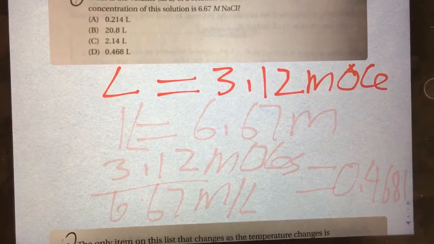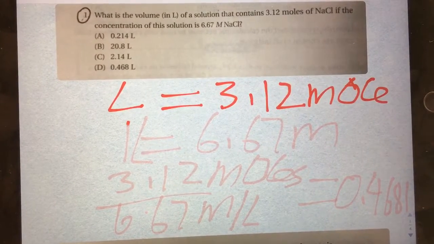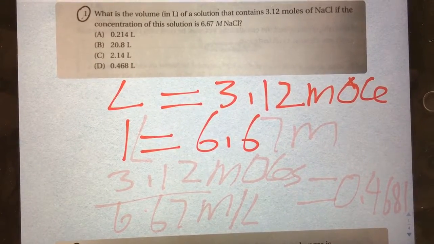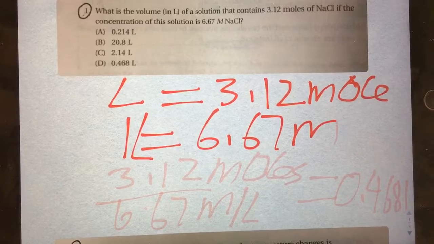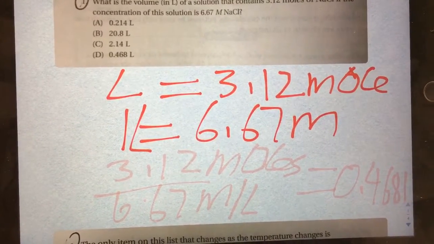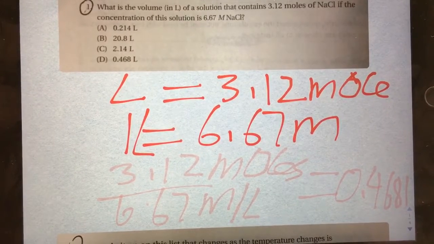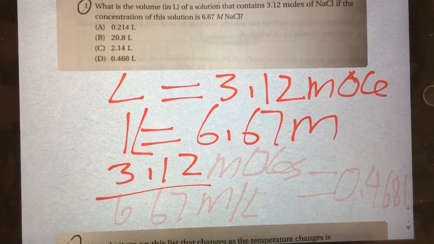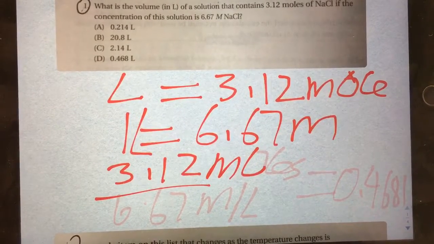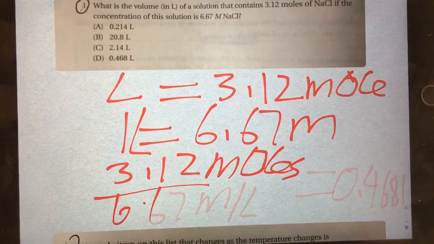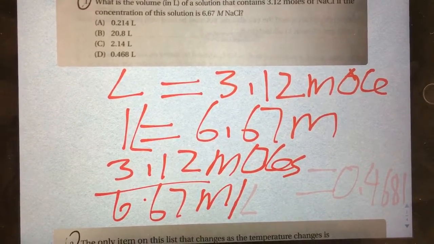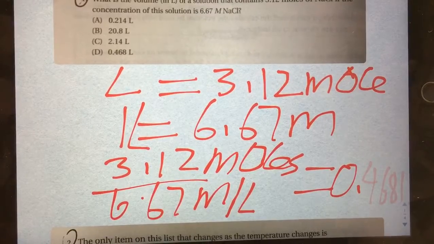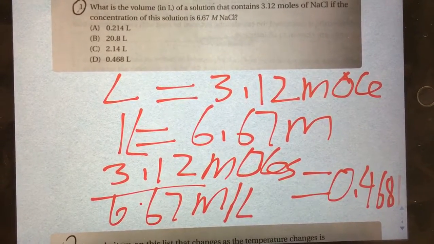And what we know is 1 liter of the solution contains 6.67 moles. So all we have to do is divide those 2 numbers. We can get 0.468 liters.